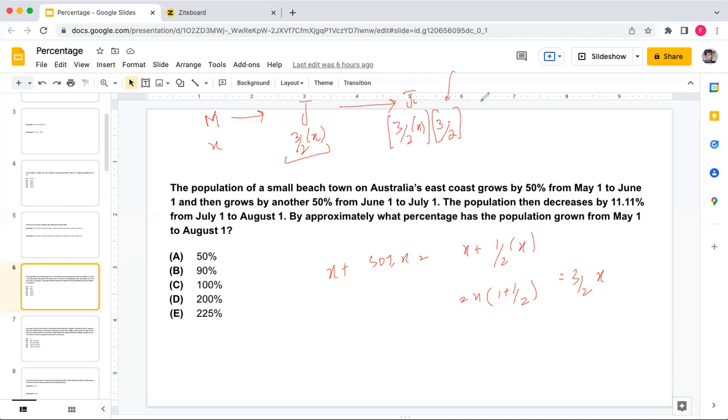Now the next part. The next statement says the population decreased by 11.1%. How can I write this thing? 11.1% decrease. 1/9. 1/9 is, yeah, 11.1%. How can I show the decrease of that?